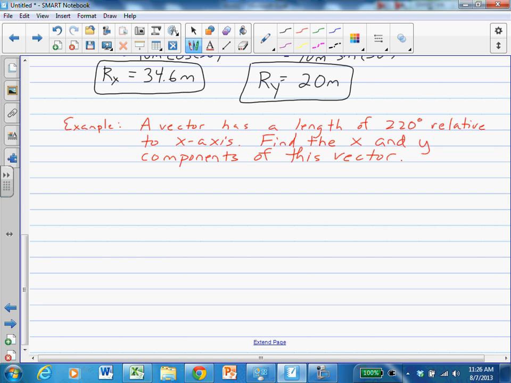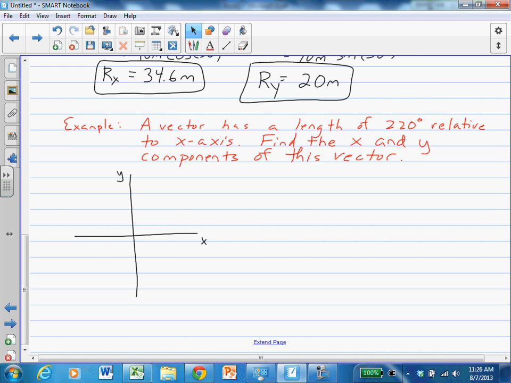Here's our x and our y. If we take a vector and draw it at approximately 220 degrees, it would be about there.